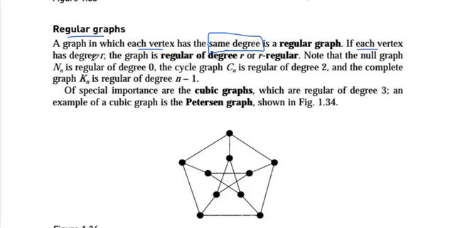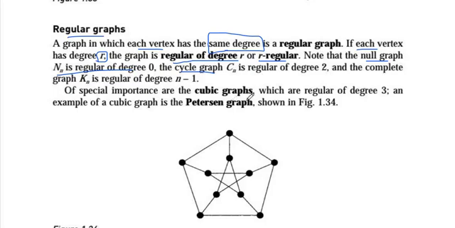If each vertex has degree r, then the graph is regular of degree r, or you can say r-regular. The null graph is also regular of degree 0, because each vertex has degree 0, no edges.